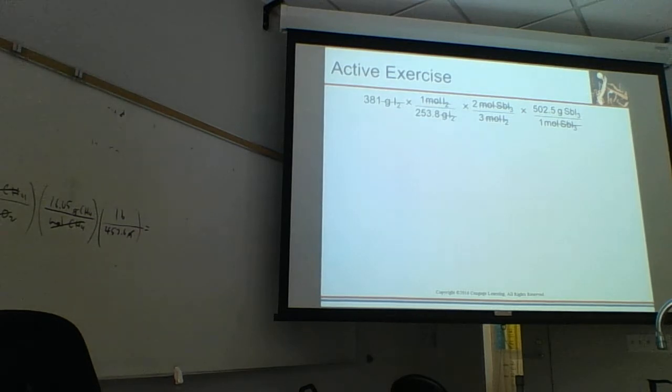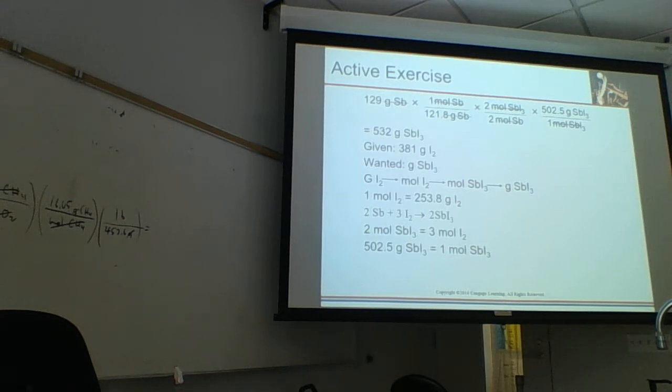Here's the setup. 503 grams. So the iodine is capable of making up to 503 grams. The antimony is capable of making 381 grams.